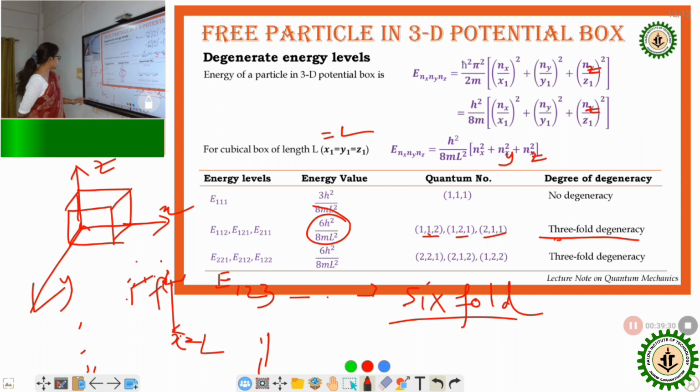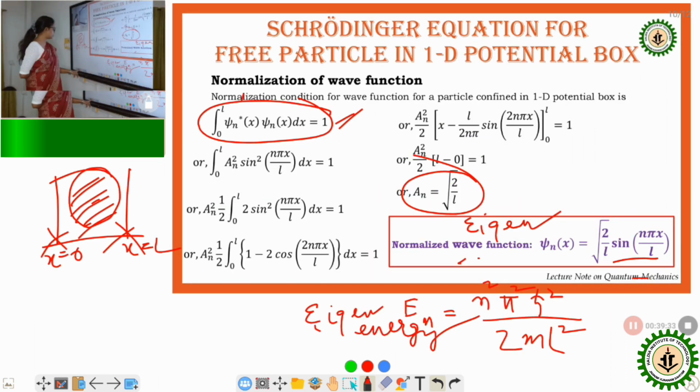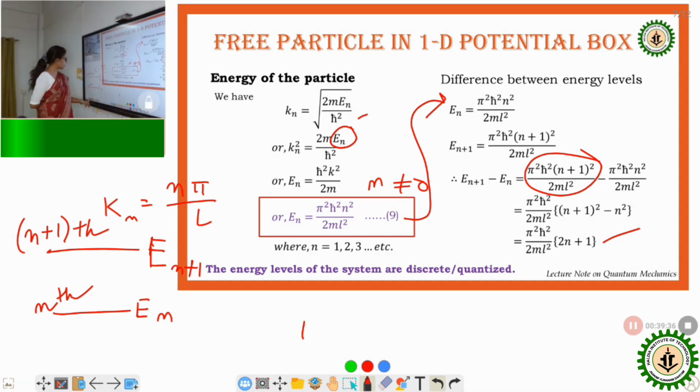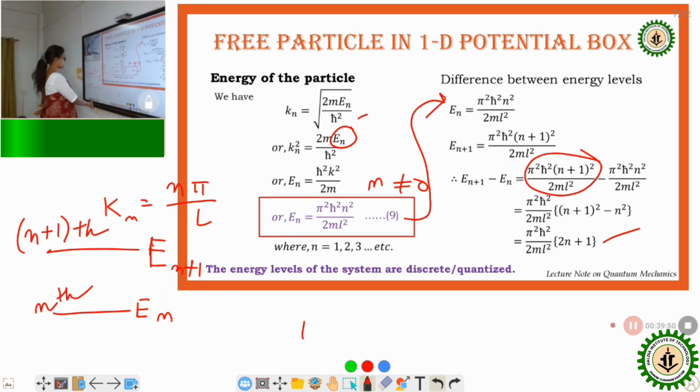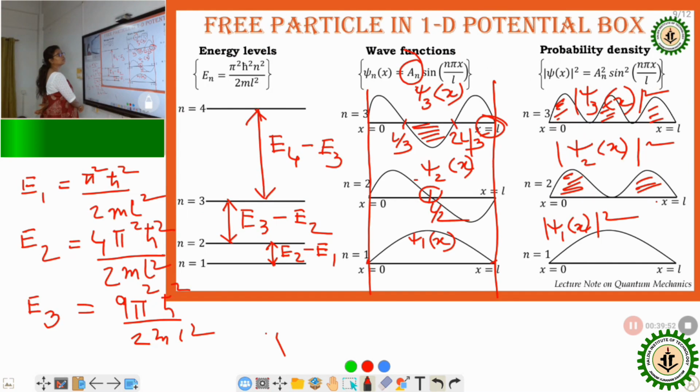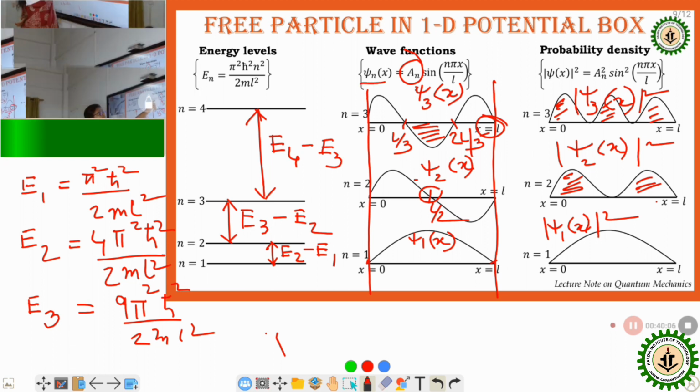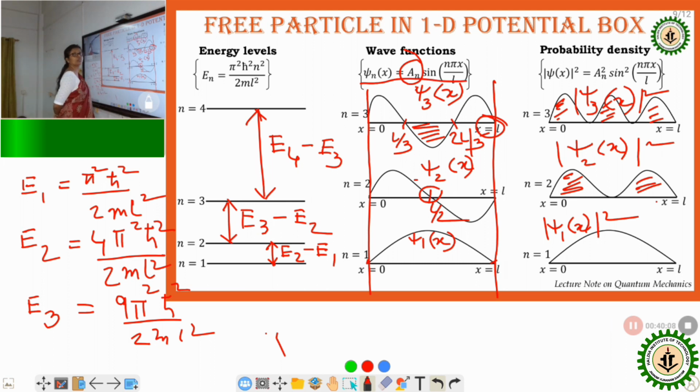One thing I have told you: why are we not using n equals 0 here for the particle in a one dimensional box? We are not using n equals 0 because, just look at this wave function. Our wave function was ψn(x) = A sin(nπx/L) for one dimensional. If you put n equals 0 here, that means A sin 0, there will be no wave function for n equals 0.